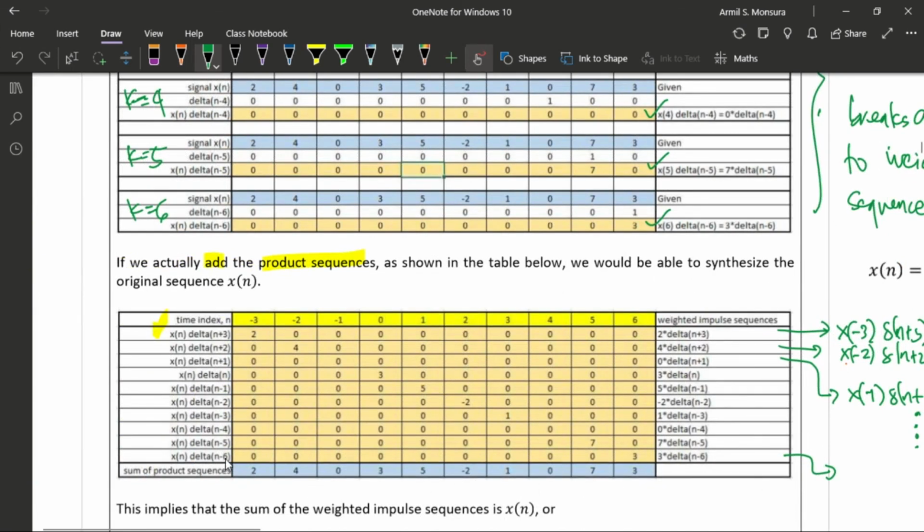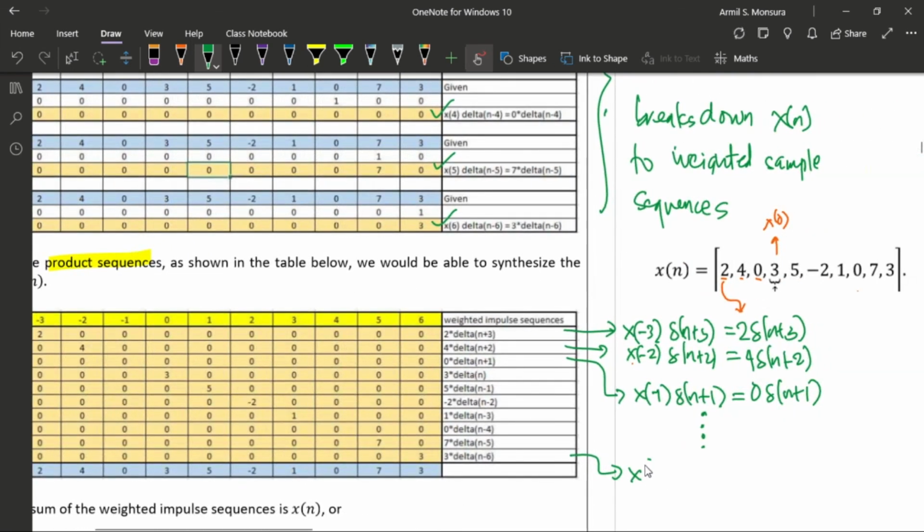Ang delay dito is k equals 6. So this is x of 6 delta n minus 6. Ang x of 6 natin is 3. Times delta n minus 6. So, yan yung mga product sequences natin.